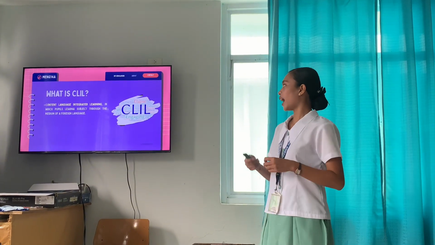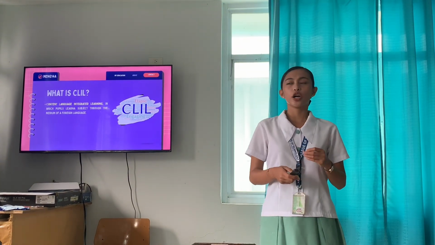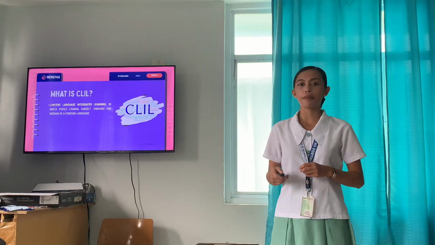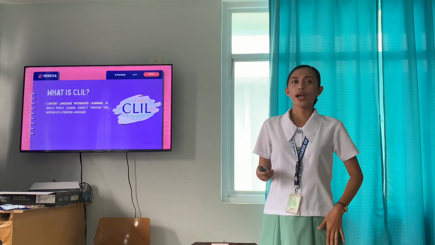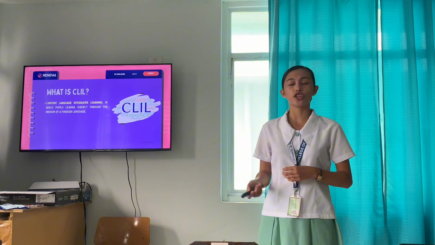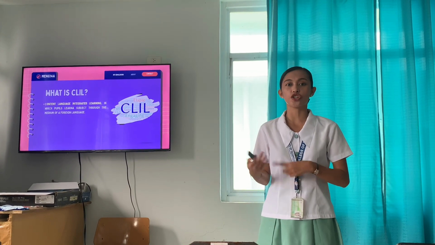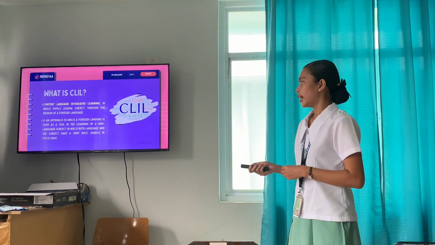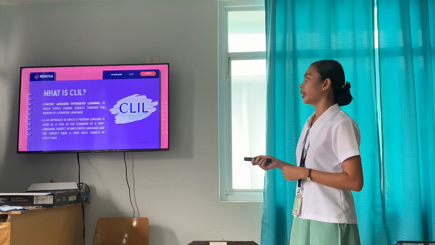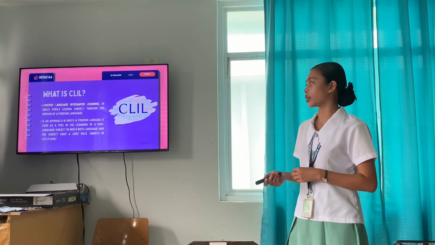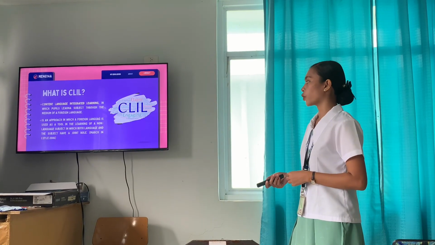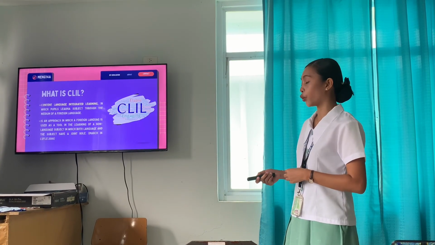So ang CLIL, usa siya ka strategy na magamit in teaching language, wherein magamit siya og mga foreign language like Spanish, French, Japanese. It is an approach in which a foreign language is used as a tool in the learning of a non-language subject, in which both language and the subject have a joint role.